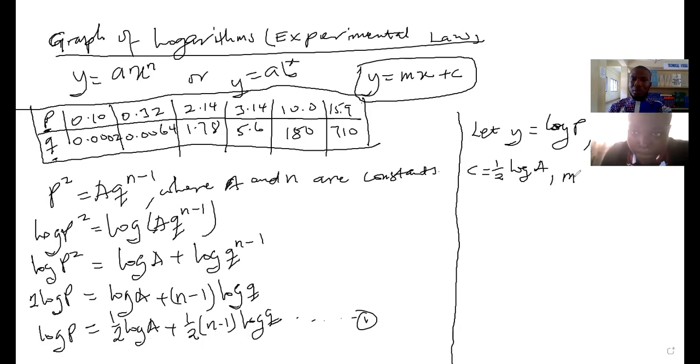So we let m equal 1/2 n minus 1. And then this equals our q, so we make it x. So x equals log q.